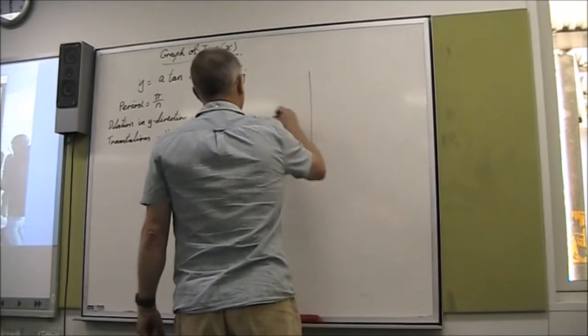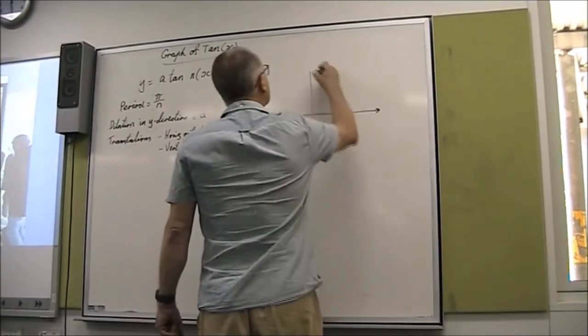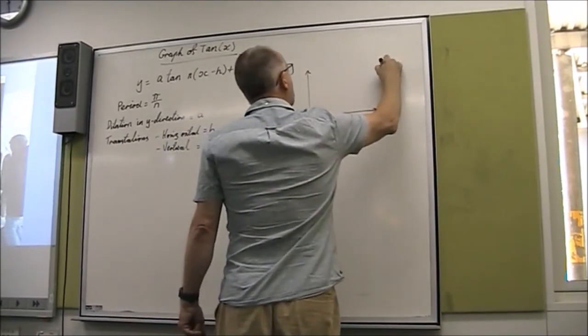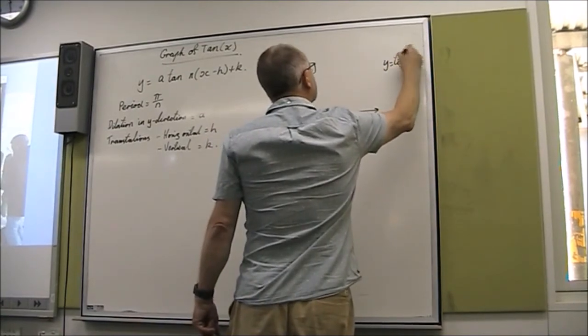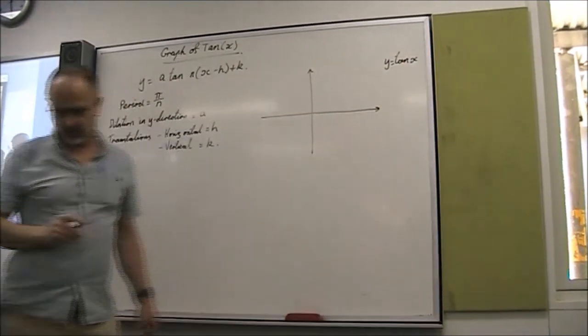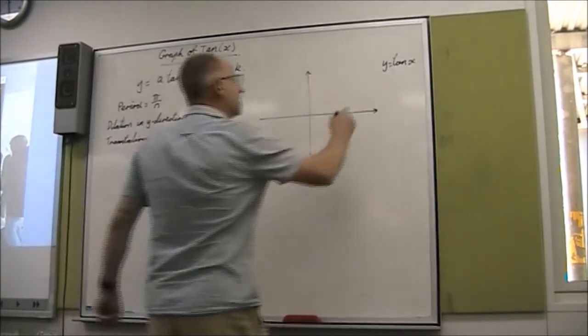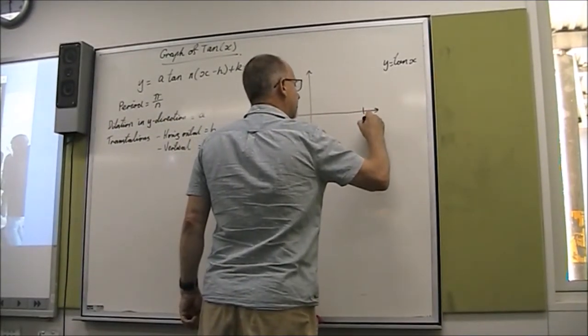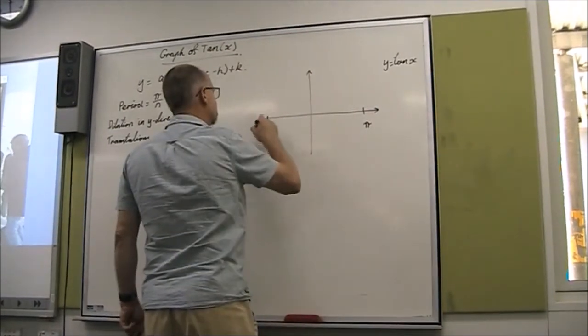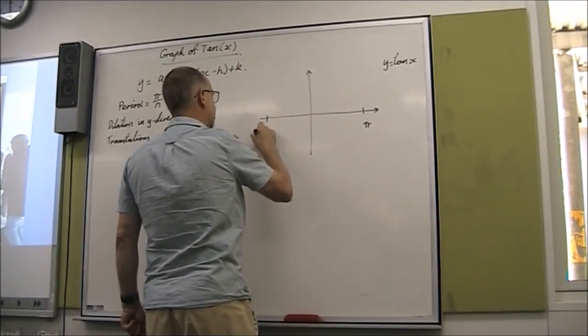So our standard, which I'm going to do over here, our standard y equals tan x will look like this. I'm doing 2 periods on each wave.